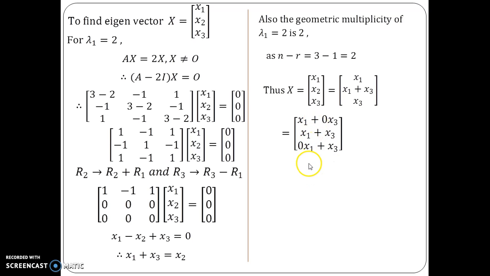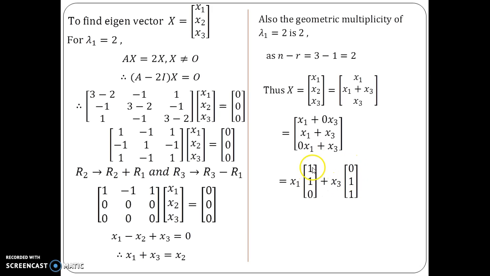Further, I apply the matrix addition rule and split these into two vectors. I pull the scalar x1 out of the first vector, and from the second vector I pull x3 out, leaving the numbers in the vectors.